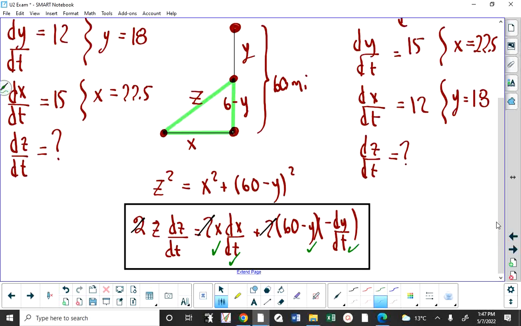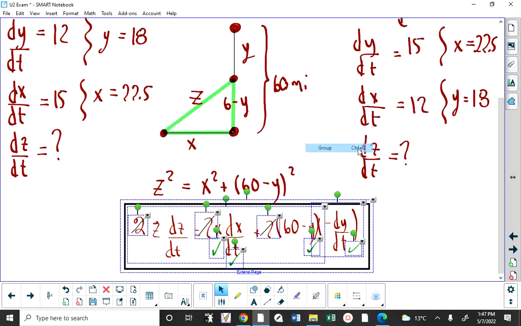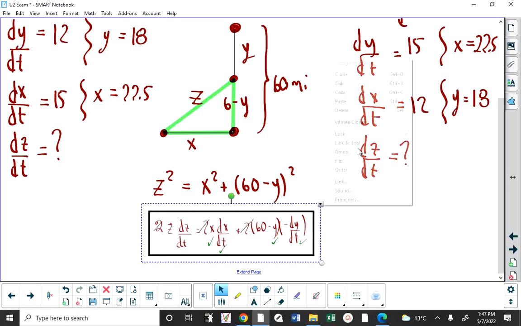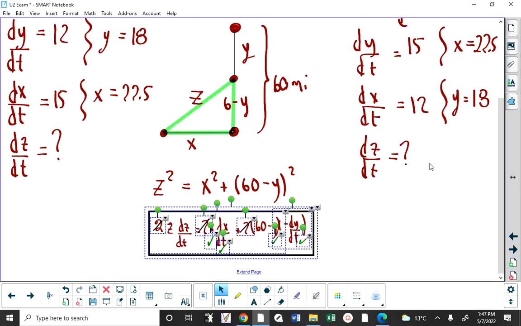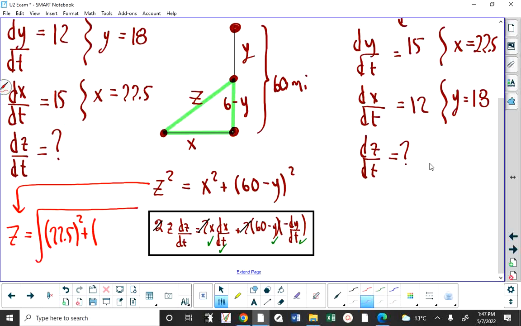But what you can do to find z is use this relationship here to calculate that z equals the square root of x squared. So in version 1, that would be 22.5 squared plus 60 minus y squared, and in version 1, that would be 60 minus 18 squared.